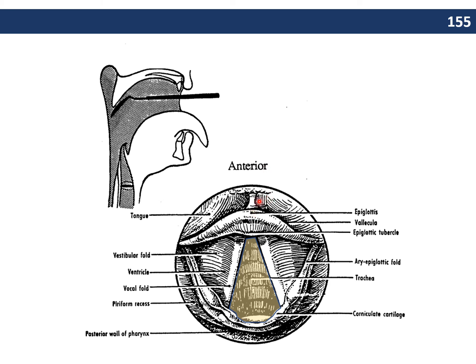The epiglottis would go down to cover the airway, and the foodstuffs would then move around these piriform recesses to gain access to the esophagus.